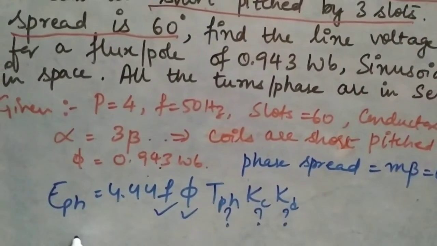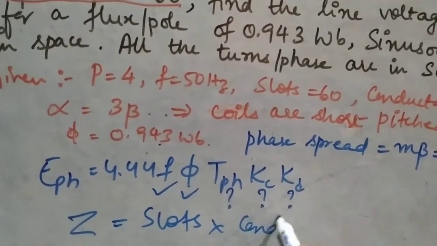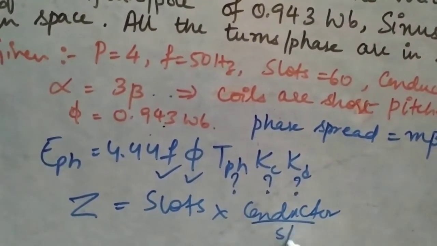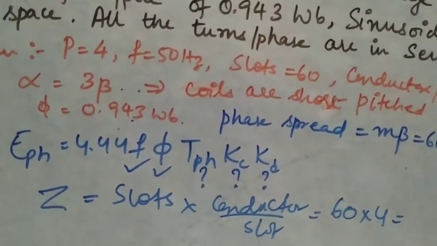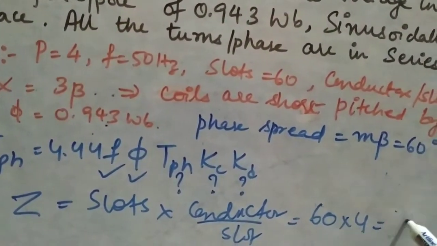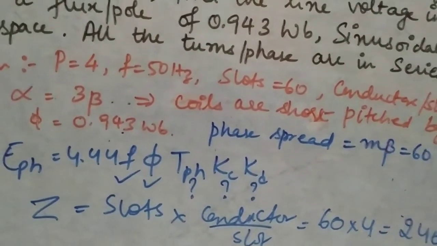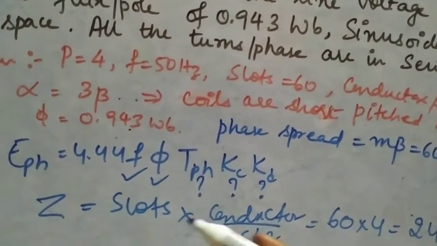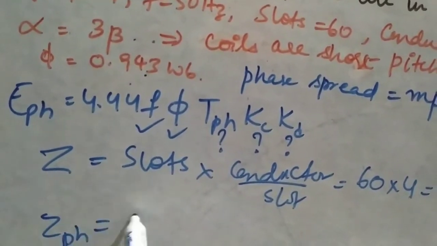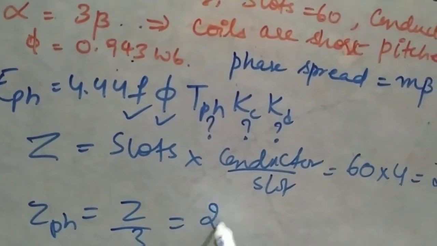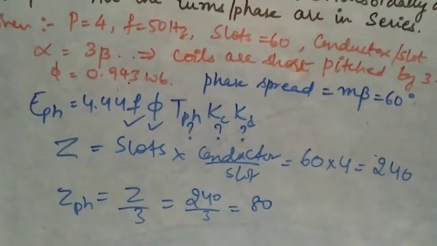So Z can be written as slots multiplied by conductors per slot, that is 60 multiplied by 4, which results in 240. So this is Z. And if you want Z phase, it is Z divided by 3, so 240 divided by 3 results in 80.